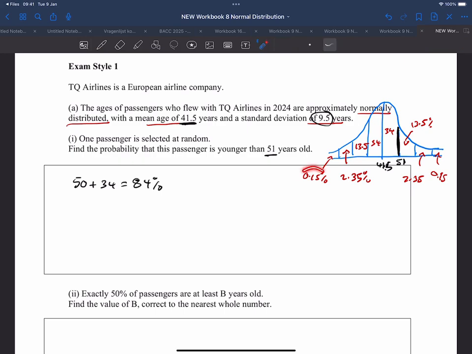Or you could just add this, this, this, this, and this, and you get the same 84%. So we want to find the probability that somebody is younger than 51. All these people here are younger than 51, so that's 84%. The probability is going to equal 0.84, as a probability less than 1.